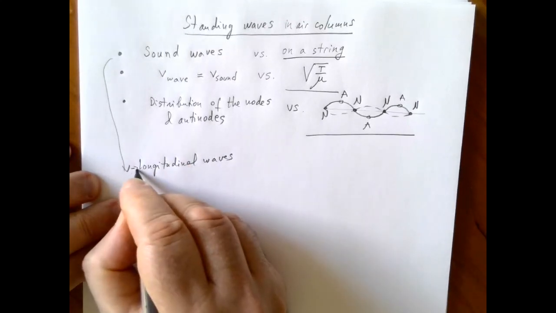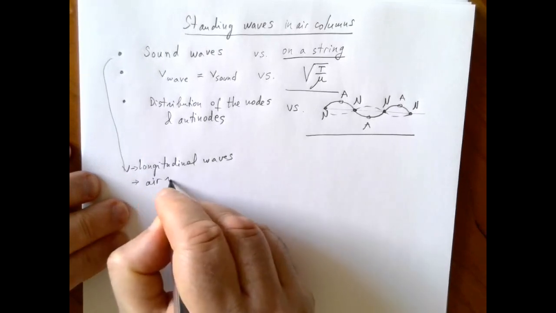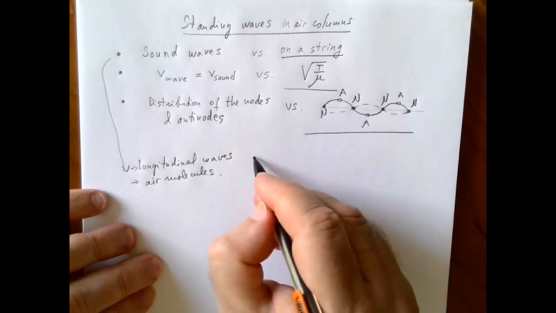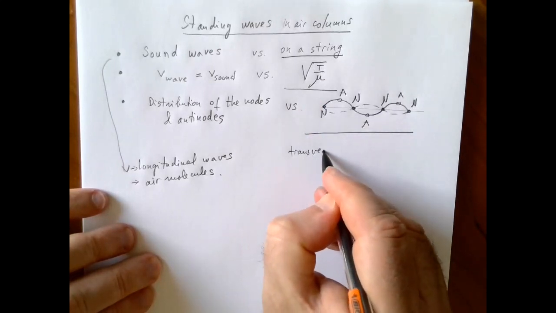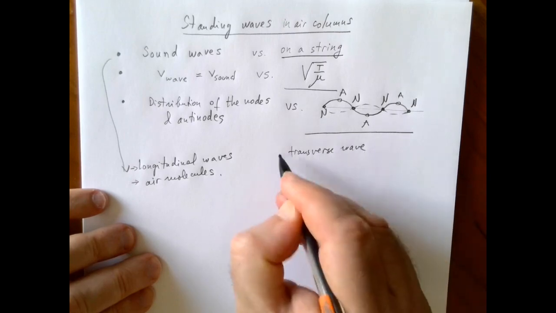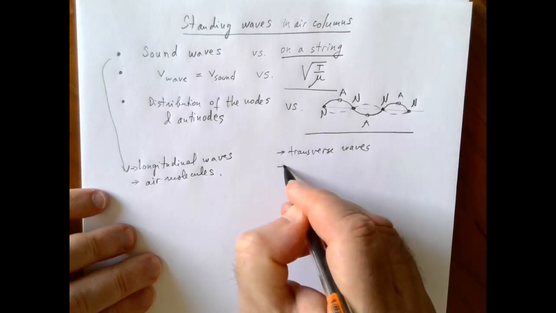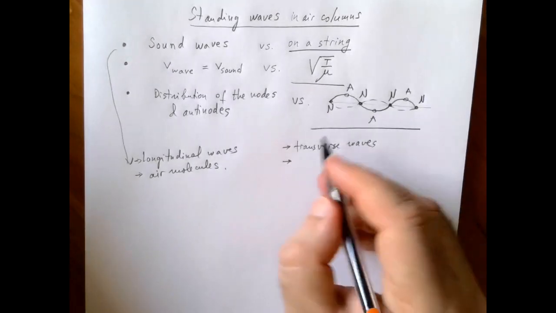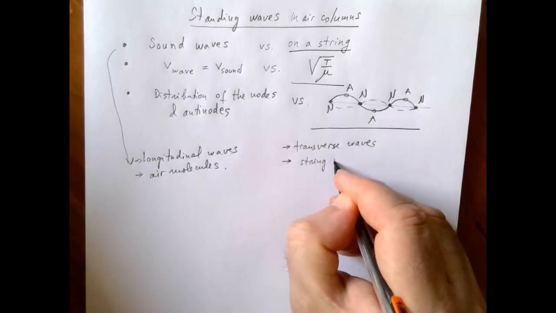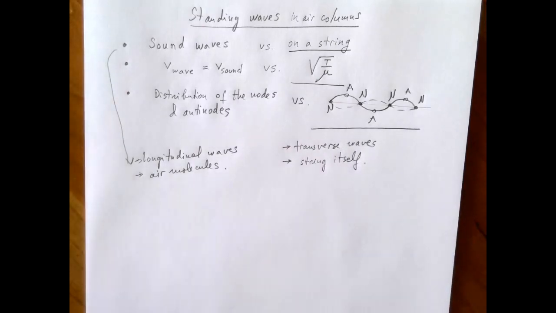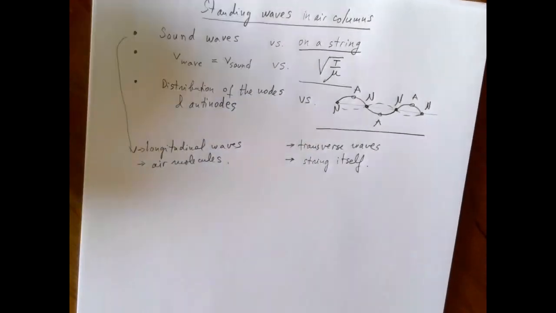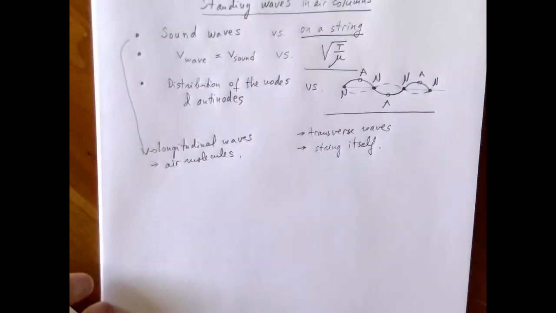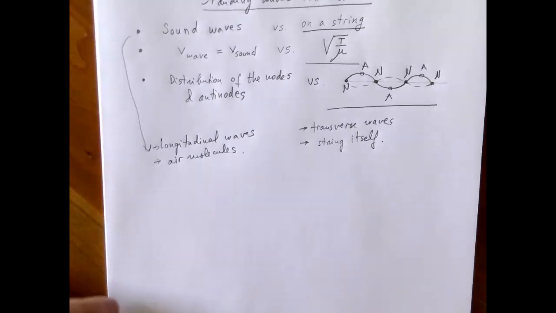The oscillations are of air molecules, as opposed to transverse waves in the string, where the particles that are moving were the string itself. So really there are many differences, but also maybe not so surprisingly there will be many similarities.